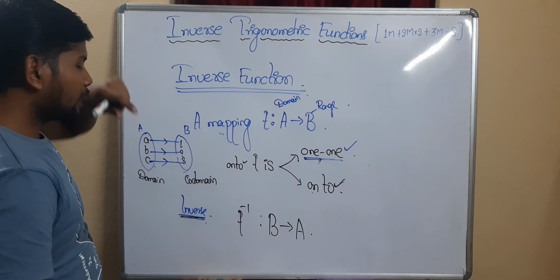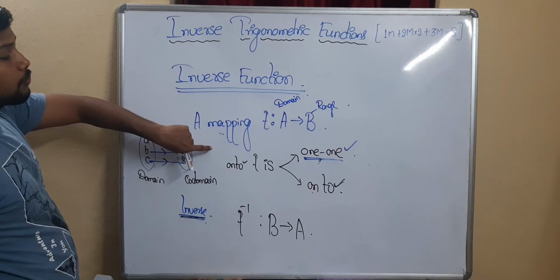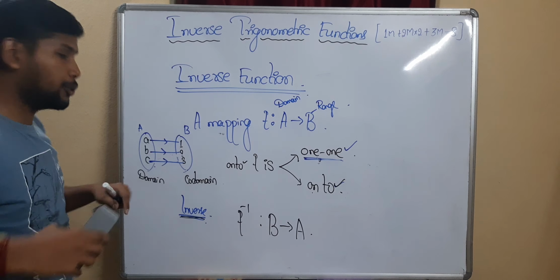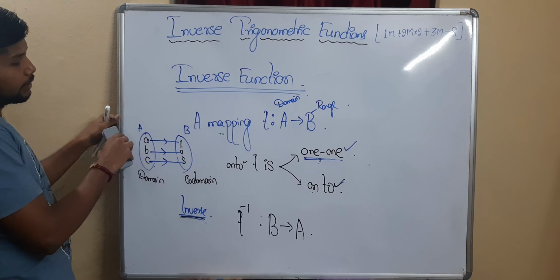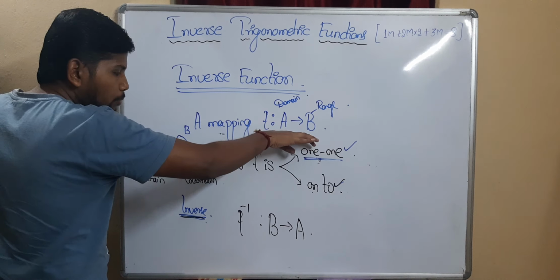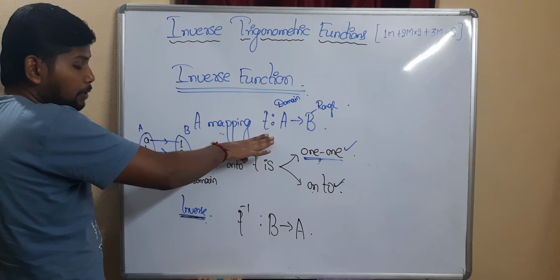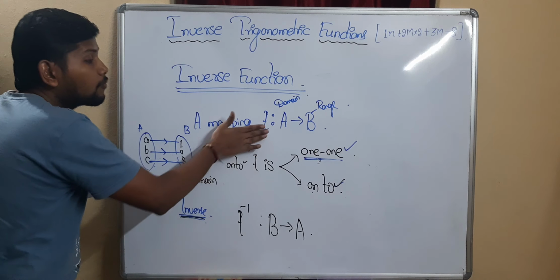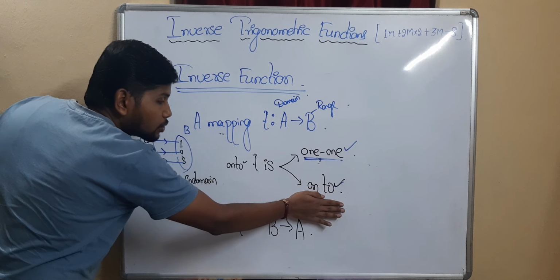Then now I'd like to define, based upon these functions, inverse trigonometric functions individually. Okay, right? At a glance, inverse function means a mapping f from A to B. It is a mapping when it is possible to define its inverse, means when the function must be 1 1 as well as onto.